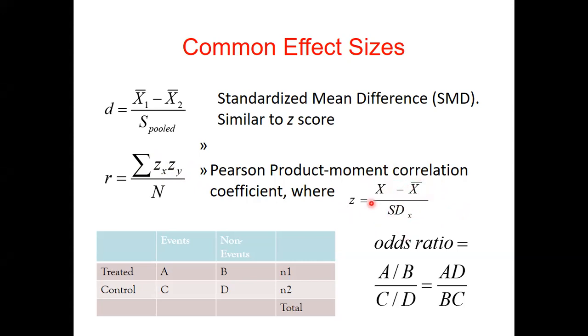Then you have your Z, which will be used to calculate the correlation. But most of these issues will be done by the software. You just need to know conceptually what the formulas are saying.